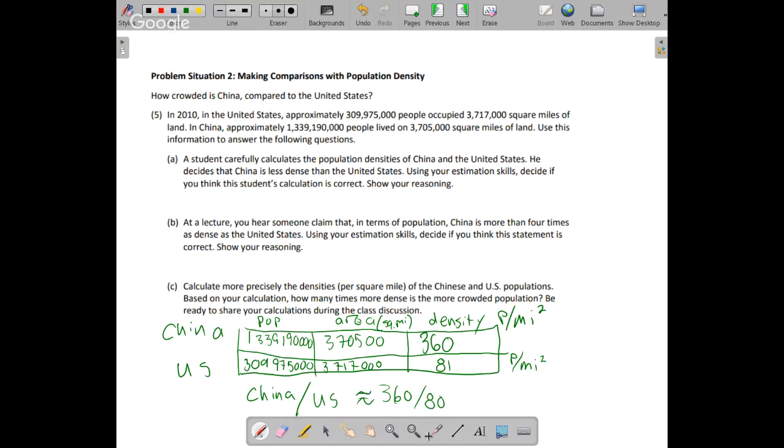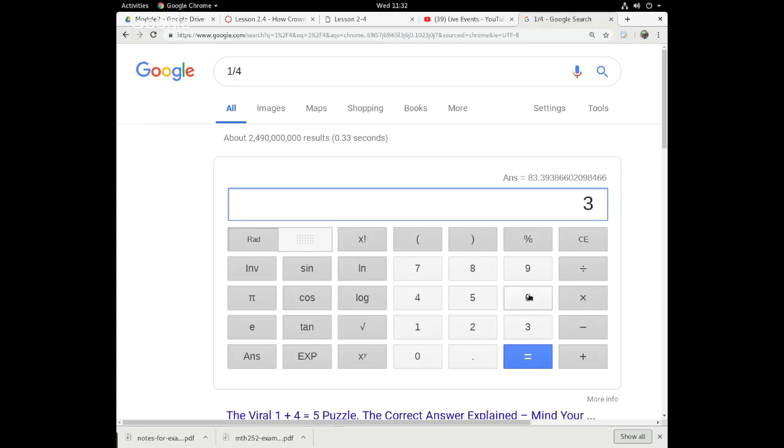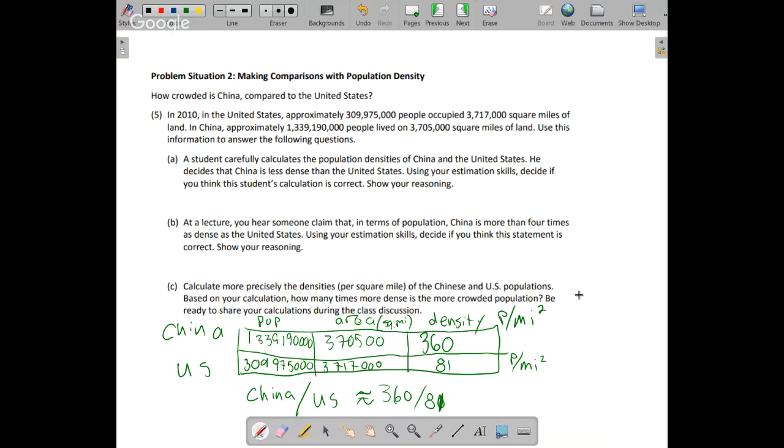So, 83, not 81, fix that in a sec. So 360 divided by 83, and we get a little over 4, about 4 1/3 times more. So we get about 4.3 times more dense.